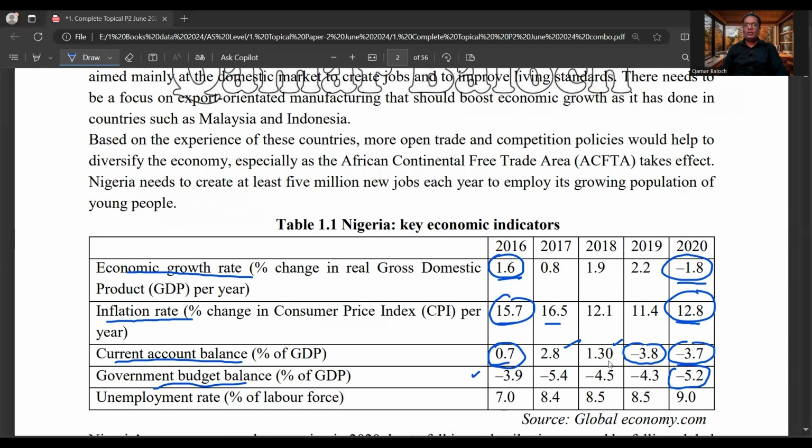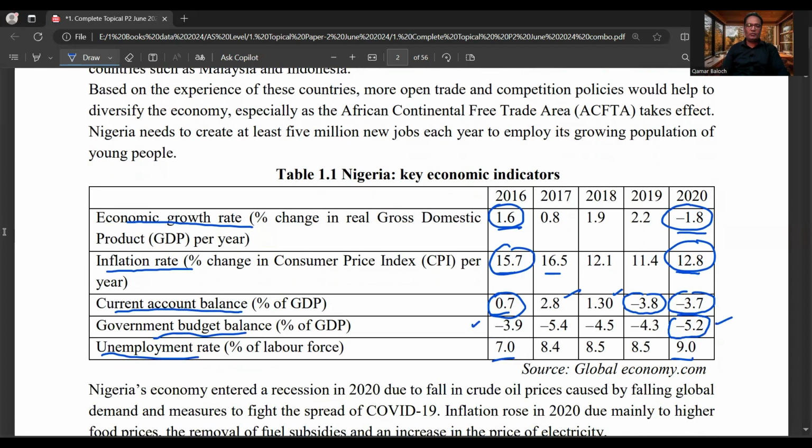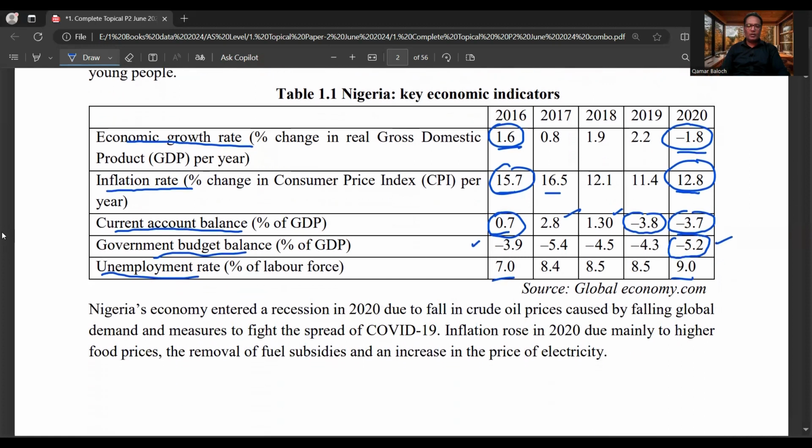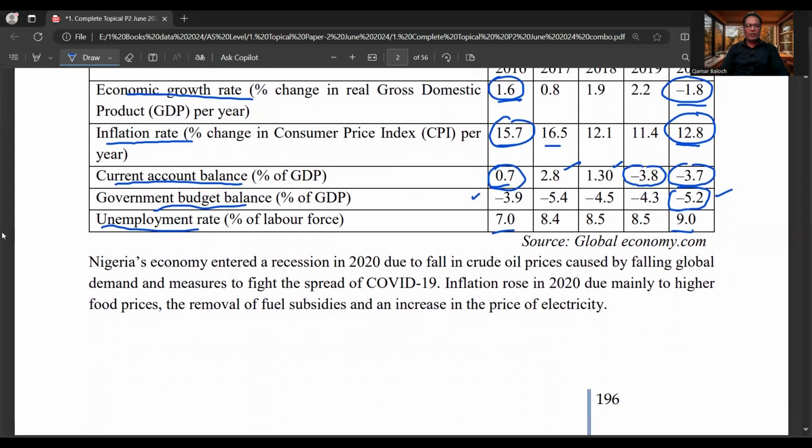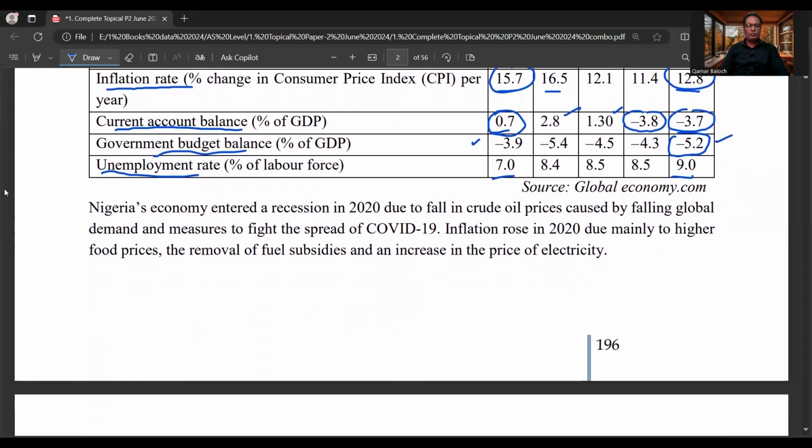In 2020, it is again a deficit, but the deficit has increased. Then the unemployment rate was 7% and it moved to 9% in 2020, so unemployment rate also increased. This is how you can interpret the values given in the table. Again, read the rest of the case study and then I'm moving to the questions.